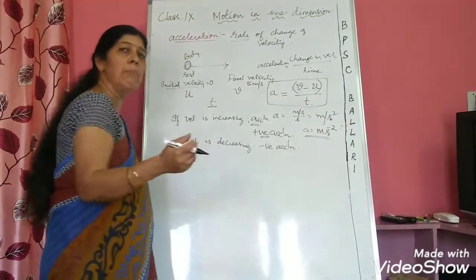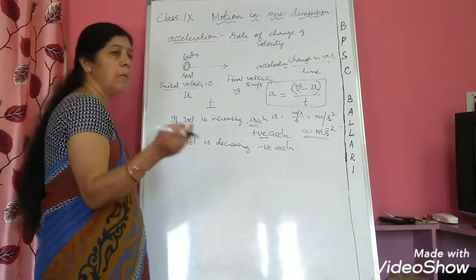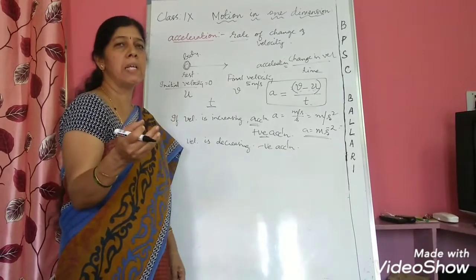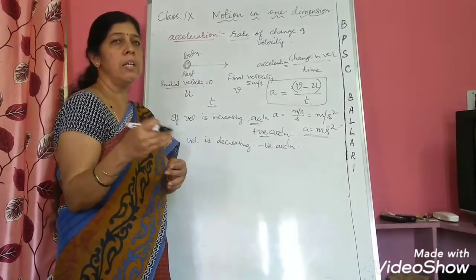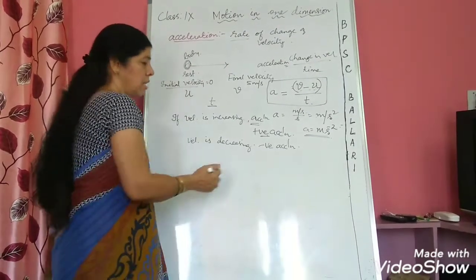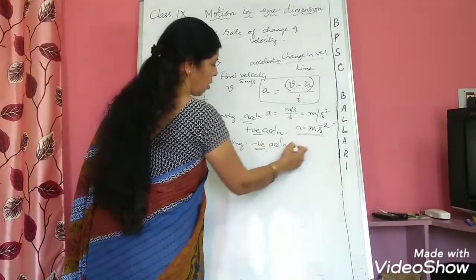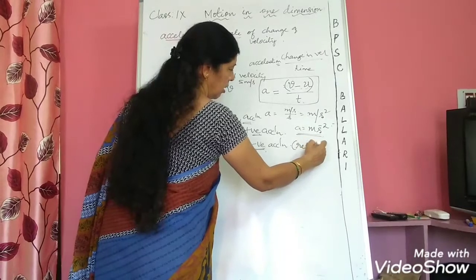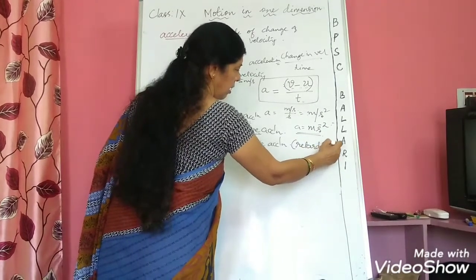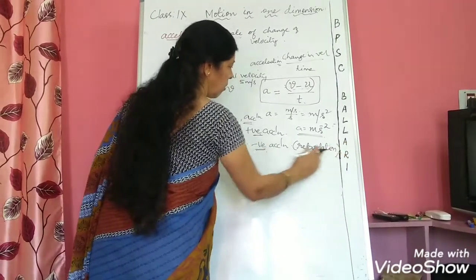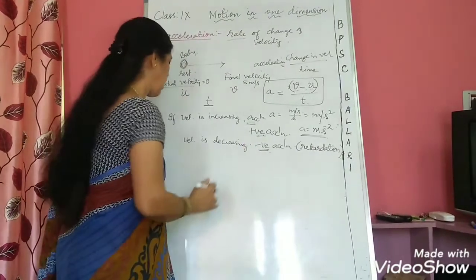A moving body can come to rest. Then initially the body is moving with some 10 meters per second and it comes to rest. Then its final velocity becomes zero. In such cases, the body will have negative acceleration. So negative acceleration is also called retardation. So the body retards. This is another term we have to remember for negative acceleration.